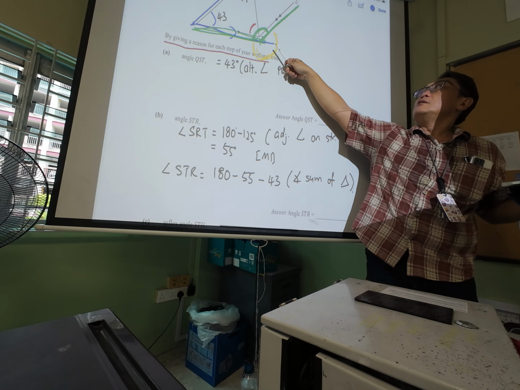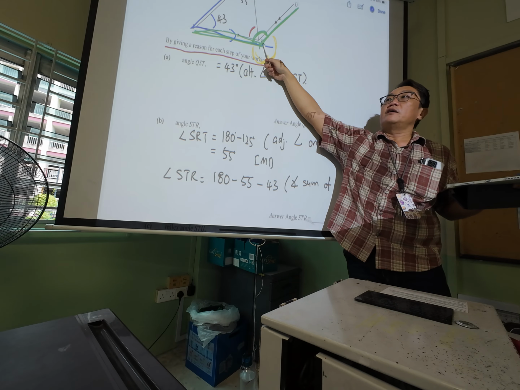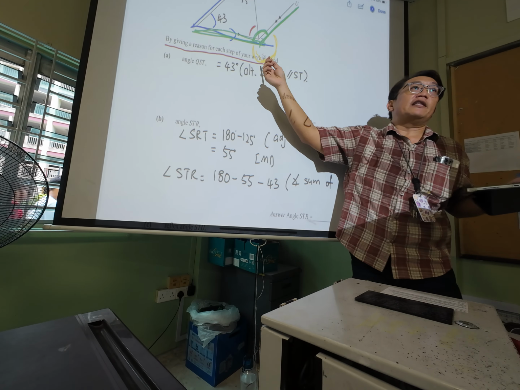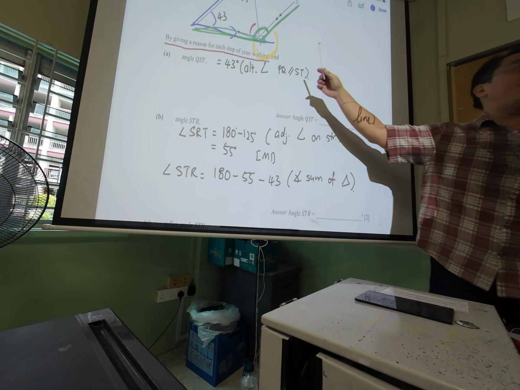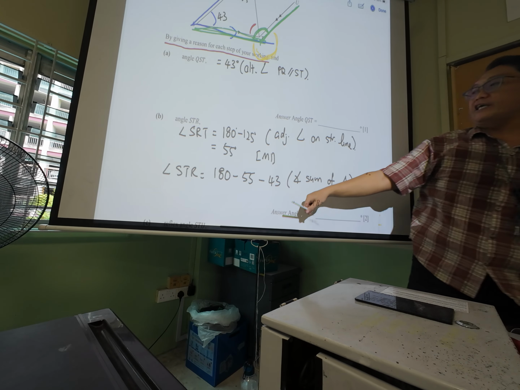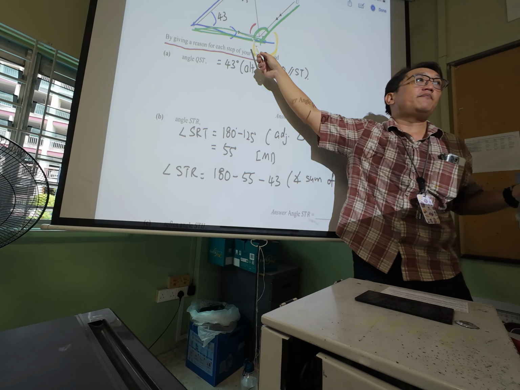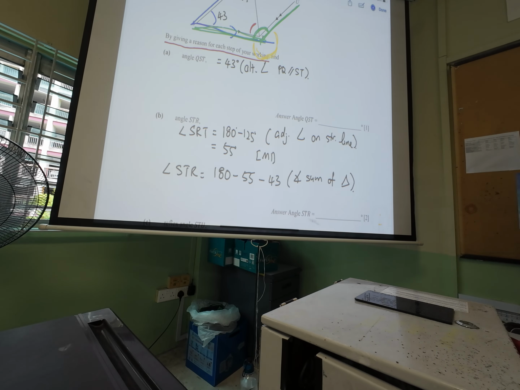Yes. So the green one is called an obtuse angle. The yellow color one, the even bigger one, is called the reflex angle. So they are actually asking you to find reflex angle STU. They are asking you to find this big one. Okay?